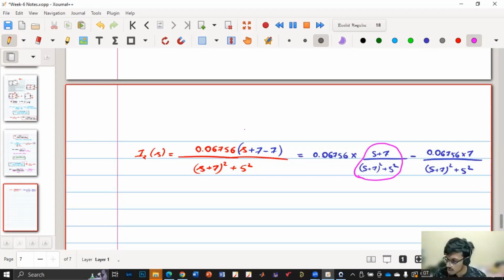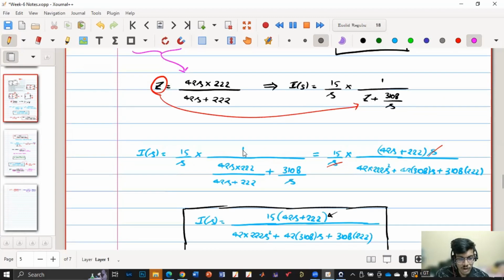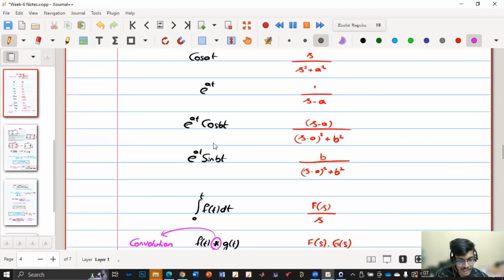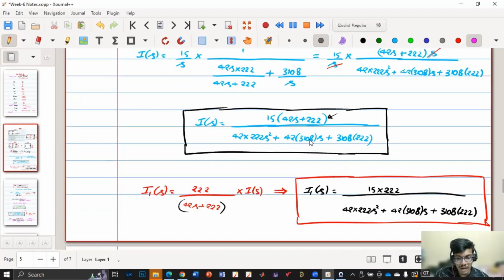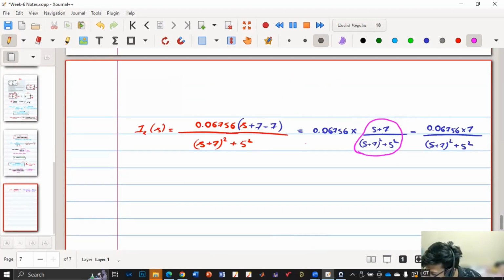But what about this term? This is still yet to be modified, because for us to get in this sine format, the numerator should be 5. So what I will be doing, I'll be multiplying and dividing it by 5. So I'll multiply by 5, divide by 5. So now I'll rewrite this expression again.